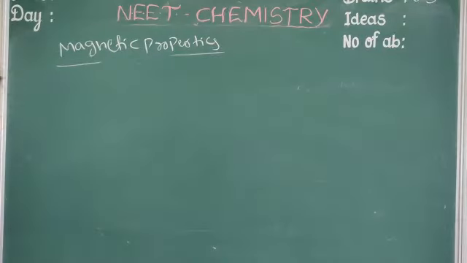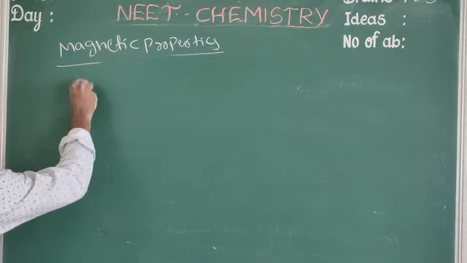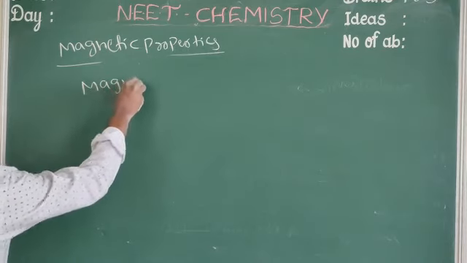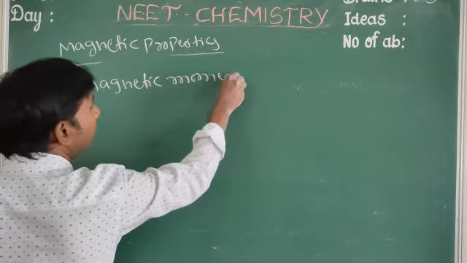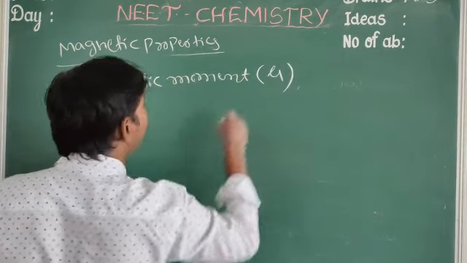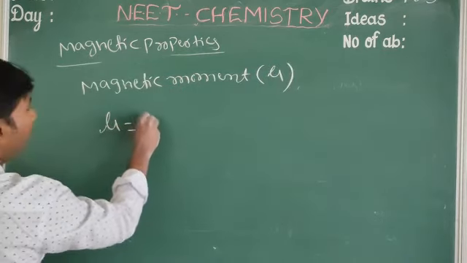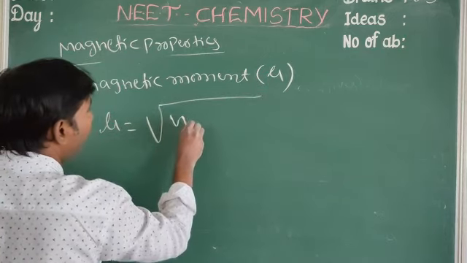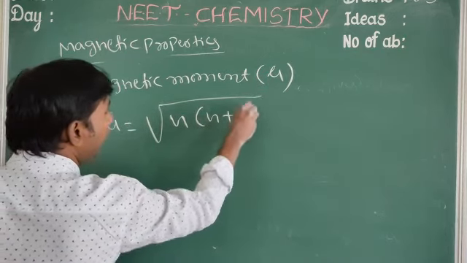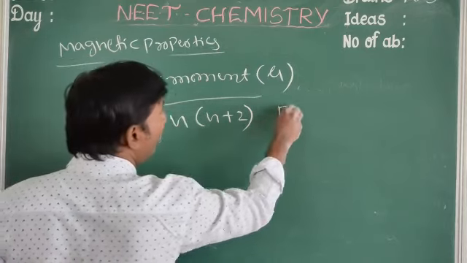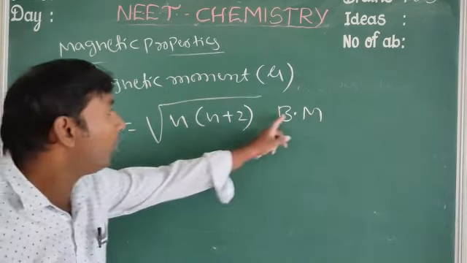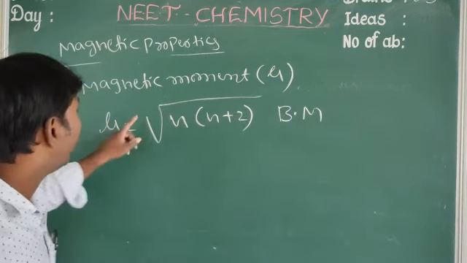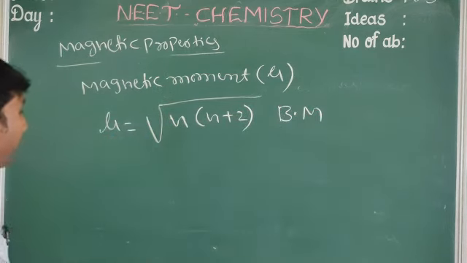So we have to find out the magnetic moment. Magnetic moment mu equals the square root of n times n plus 2 Bohr magnetons. BM means Bohr magneton, which you already know from physics.